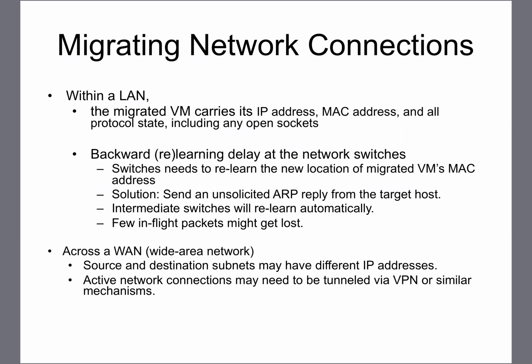And then there is the wide area network, where you're migrating the VM across geographical distances from one IP subnet to another IP network, for example from East Coast to West Coast, or from Europe to US. In both cases, there are different approaches to maintain liveness of network connections.